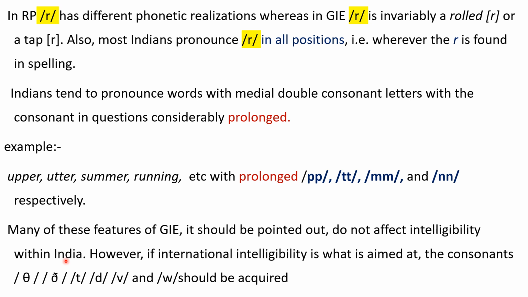But if you want international intelligibility, Indians should acquire these consonants perfectly, because Indians have problems with these consonants. Indians pronounce va and wa in the same way. So they should learn these consonants perfectly.